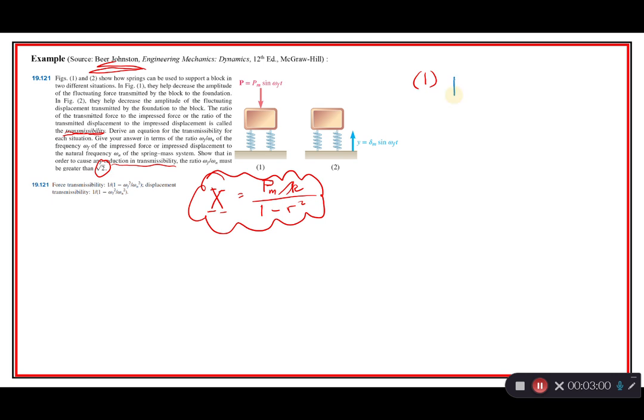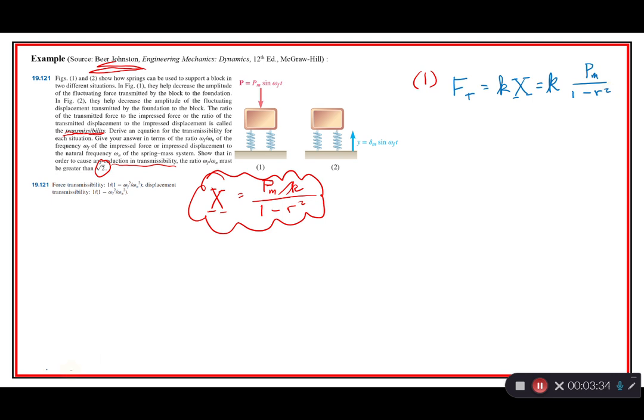So the F_T that we're going to have is equal to kx, right? That is just truth. The transmission to the ground is going to be equal to P_m, but I'm going to put the k over to the side, and I'll go P_m over 1 minus r squared.